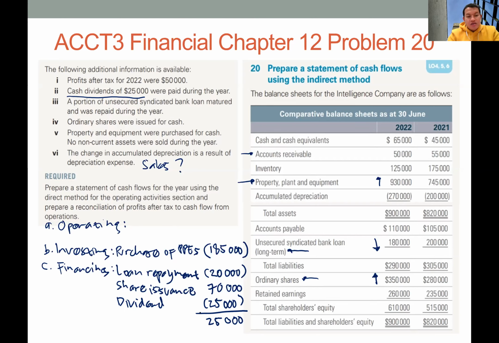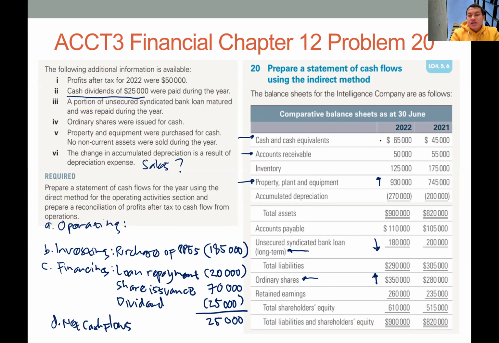Okay, now we can calculate the operating cash flows because we can calculate the net cash flows from the balance sheet. So if you look at this cash and cash equivalent account, basically we can take the changes of this account as the net cash flow.